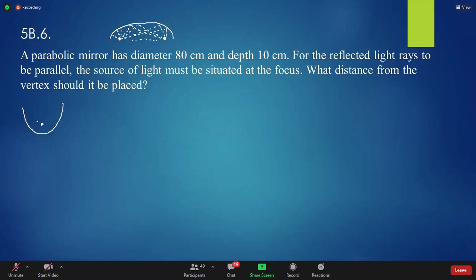Why do we have a satellite dish like this, and then the receiving device up there? That's because when we receive a weak signal from the satellite in the same direction, the signal always reflects to the focus.